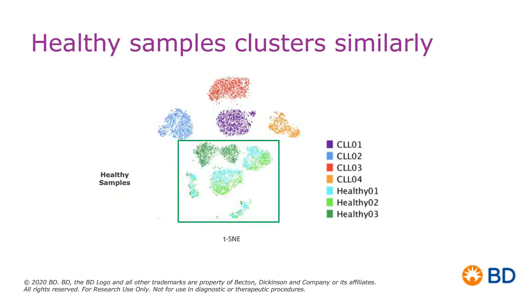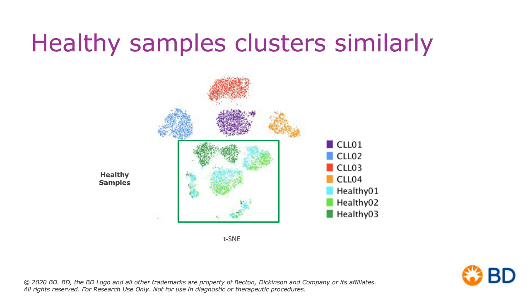So as I was mentioning earlier, when we looked at our different clusters, we can see that our healthy samples generally cluster similarly, in this lower area. Of course, the way these t-SNE maps are generated, the closeness of one to another doesn't necessarily indicate absolute similarity. But in general, for the healthy samples there are clusters which comprise all of the different donors.